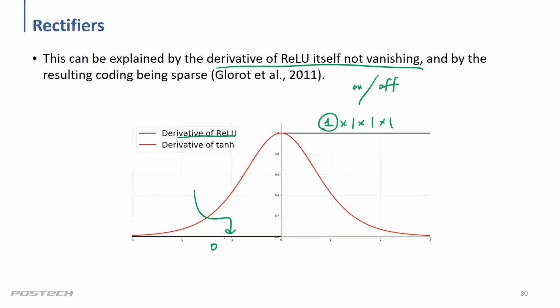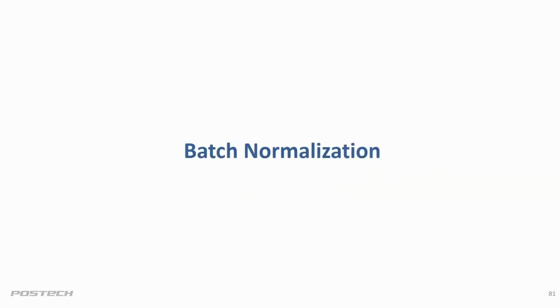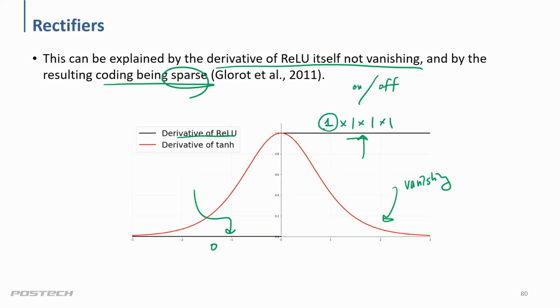Because some of them are disconnected, the network is going to be sparse. Another great benefit of using the ReLU nonlinear activation function. So there is no vanishing effect.